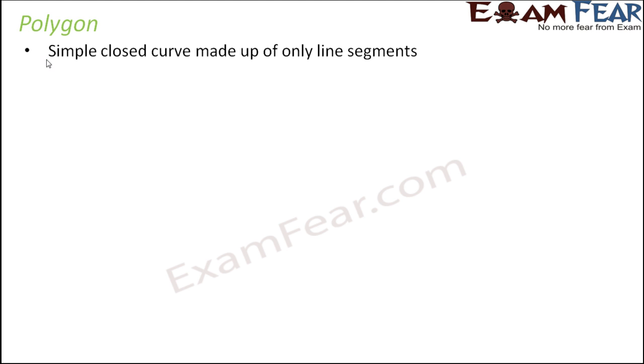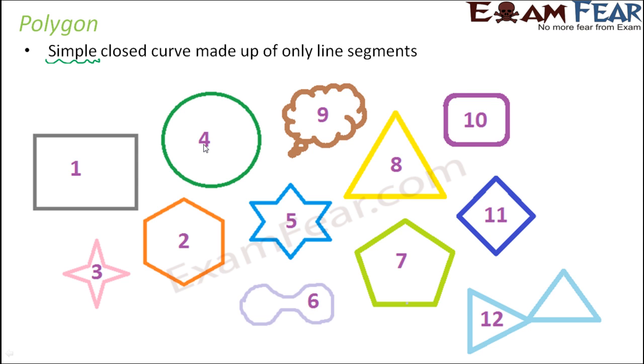Now here you need to understand the meaning of each term. What do we mean by a simple curve? A simple curve means a curve which does not intersect itself or cross over itself. On the screen we have 12 geometrical figures, of which we have to identify which one is a polygon and which one is not. Simple curves do not intersect themselves.